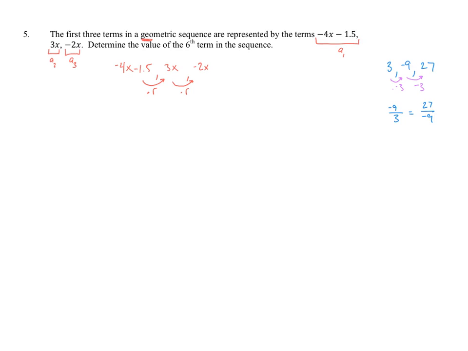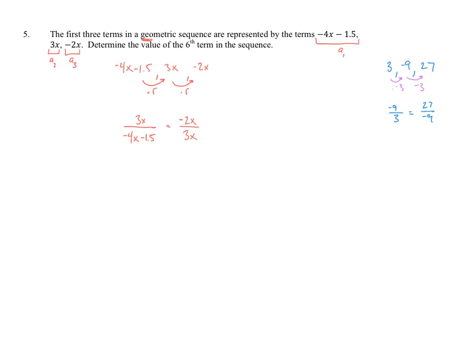But that's okay, because I know that if I take the second term and divide it by this term, that will give me r. So if I take 3x and divide it by negative 4x minus 1.5, that equals r. And I also know that I can get r by taking this term and dividing it by this term. So if I do negative 2x over 3x, that will also equal r.